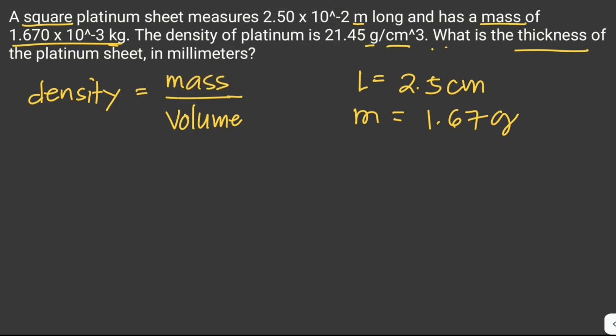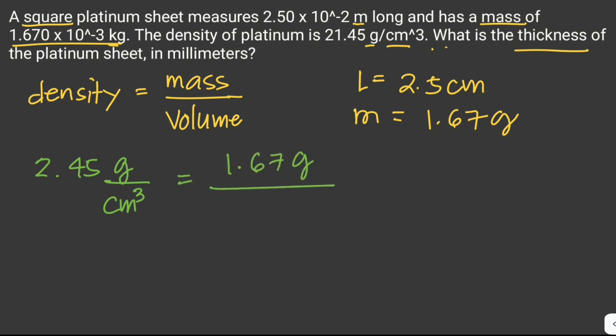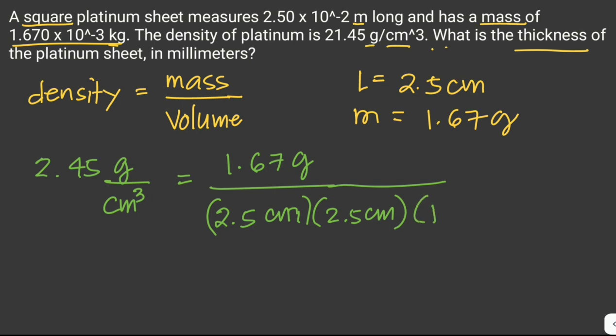So density is 21.45 grams per cubic centimeter equals mass, which is 1.67 grams, divided by the volume. So volume is length times width times height or thickness. So this is just 2.5 centimeters times 2.5 centimeters times the thickness.